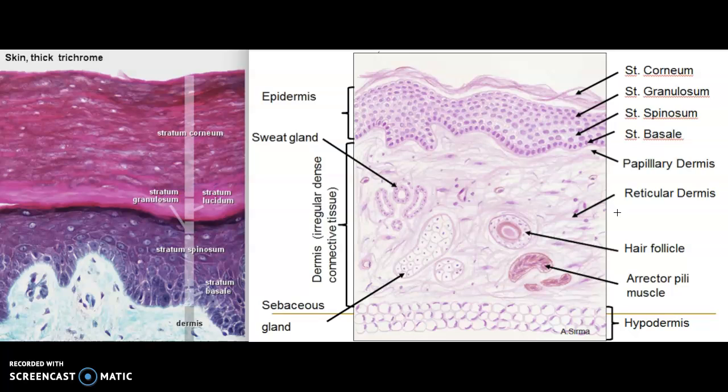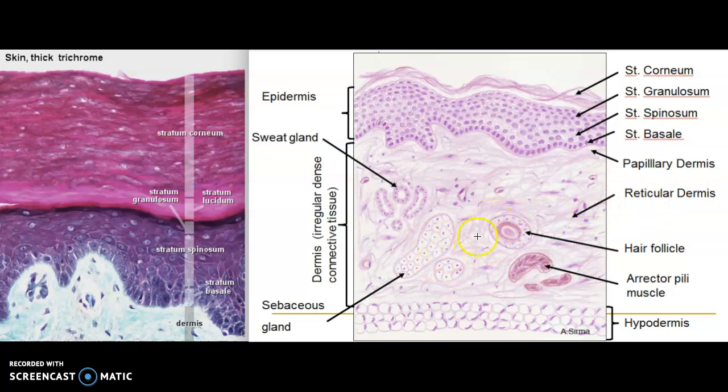It also has phagocytes, which basically prevent bacteria from penetrating deeper tissue, and this layer also causes wrinkles as we age.